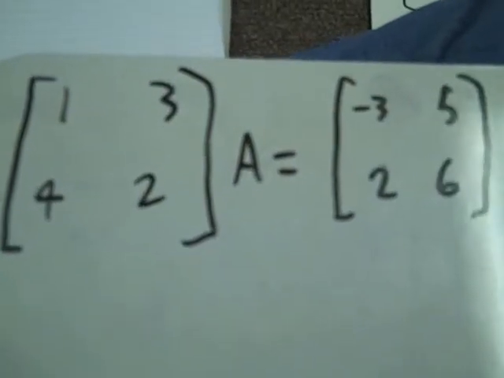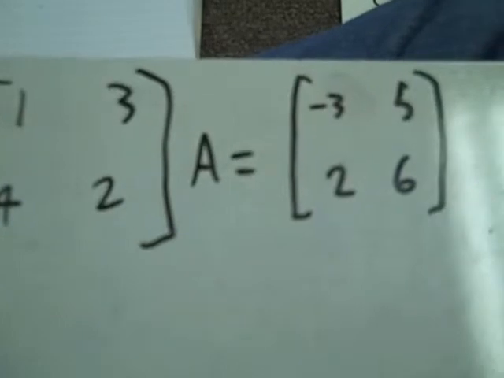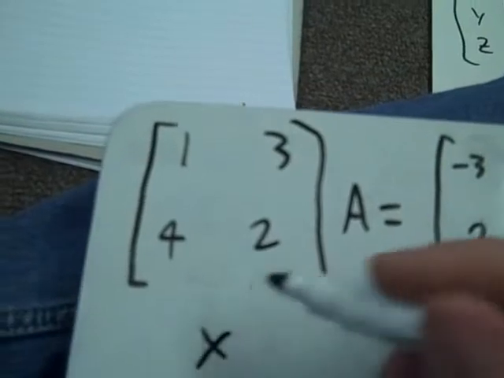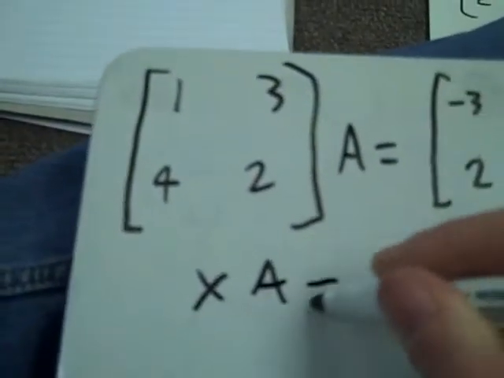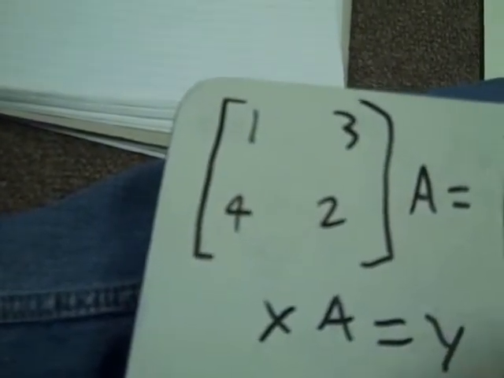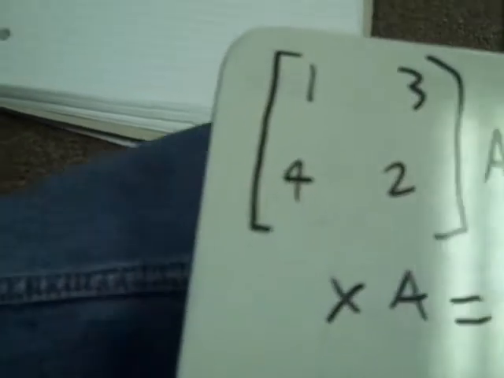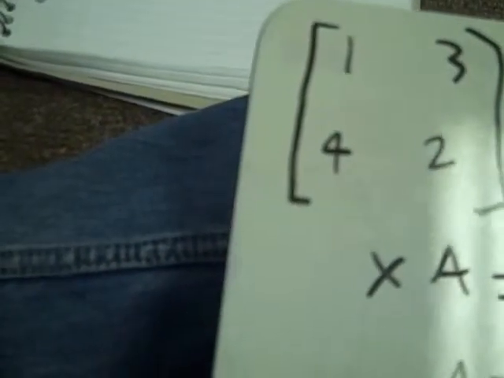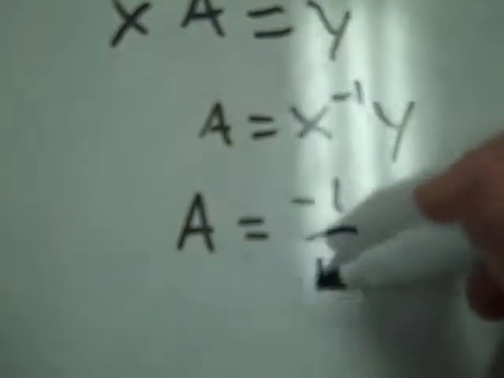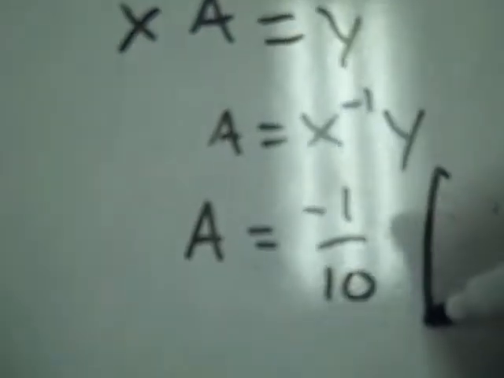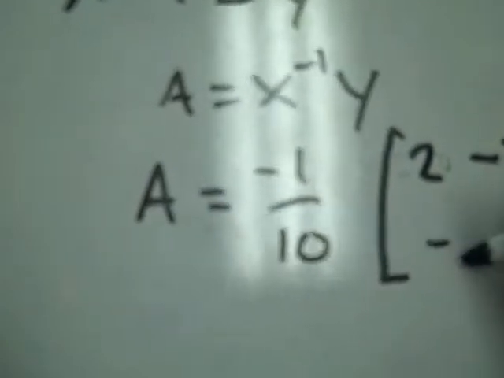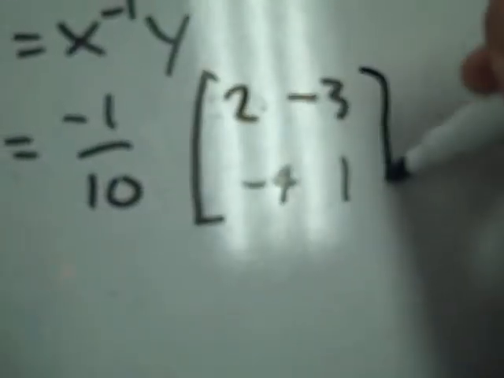So we have this problem, 1 3 4 2 times A equals negative 3 5 2 6. So this could be represented as X times A is equal to Y. Now to solve for A, you do A is equal to the inverse of X times Y. So then A is equal to negative 1 over 10, which is the determinant, multiplied by 2, negative 3, negative 4, and 1, which is the inverse.